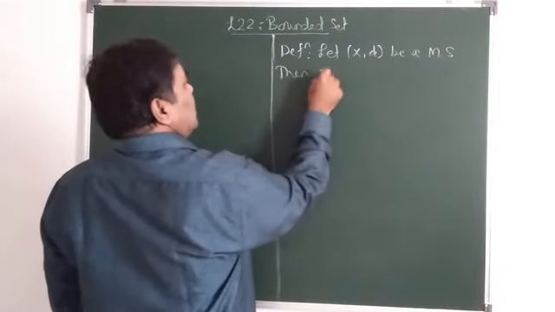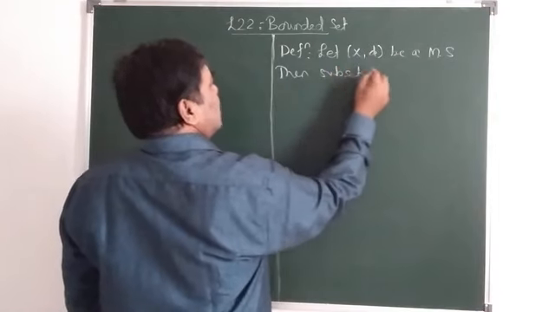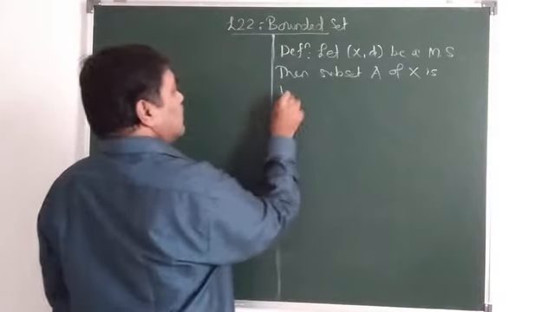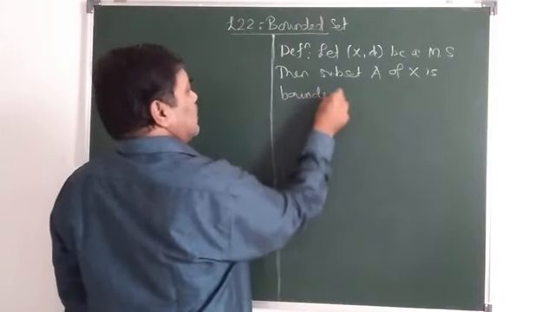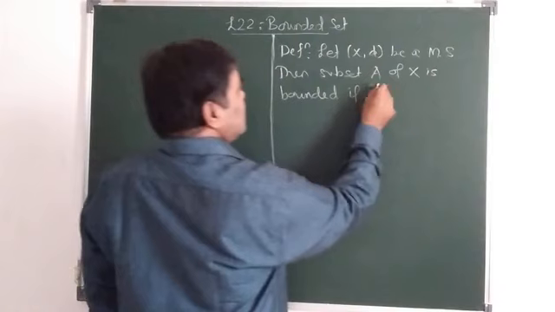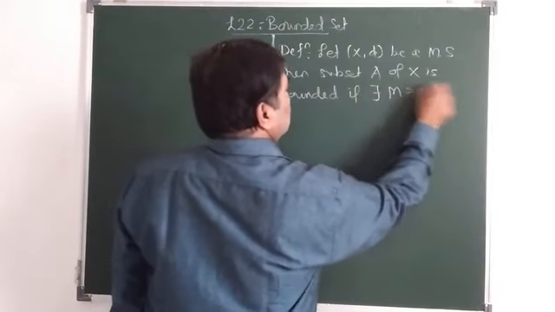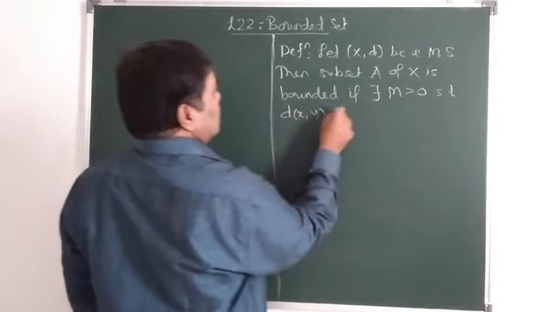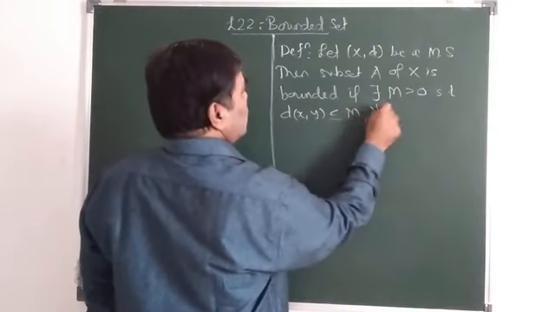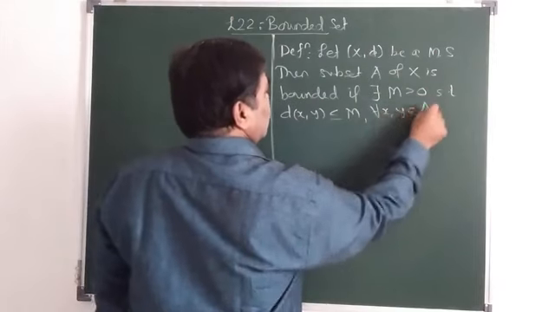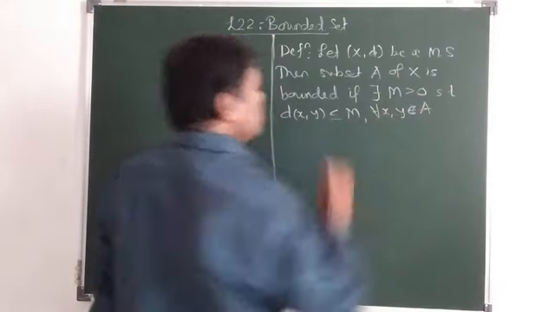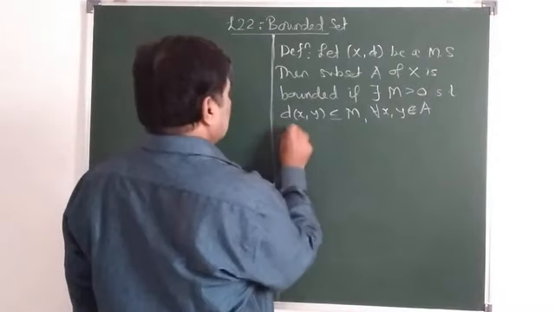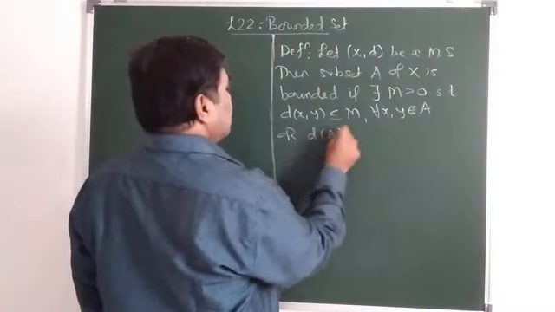then a subset A of X is said to be bounded if there exists some positive number m greater than 0 such that d(x, y) is less than or equal to m for every x, y belonging to A, or diameter of A is less than or equal to m.